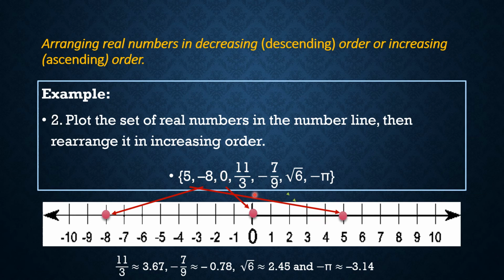We have passed 0, so 0 is here, and then 3.67 is here. Negative 7 over 9 is approximately negative 0.78, so it is here between 0 and negative 1. And then square root of 6 is approximately 2.45, so it is here. Next, negative pi, so negative 3.14 should be here.